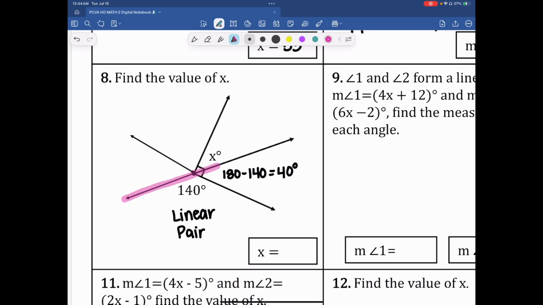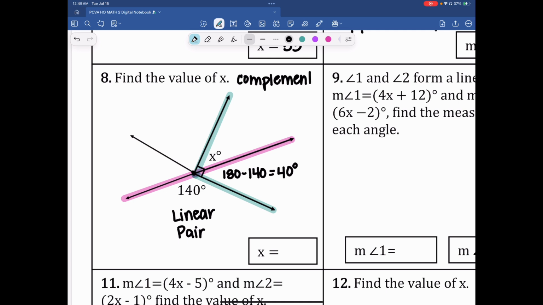Now that I know that the angle that was adjacent to the 140 is 40, I can now just use that angle with the complementary angles that are together. And so I know that x plus 40 is going to equal 90.